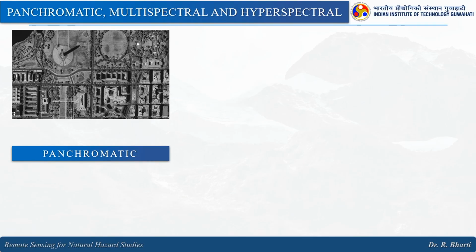When we talk about panchromatic images, we are using a broader wavelength range, let us say 400 to 1500 nanometer, and this whole range is used by the detector to generate one single image. So, one single image, that is this one.